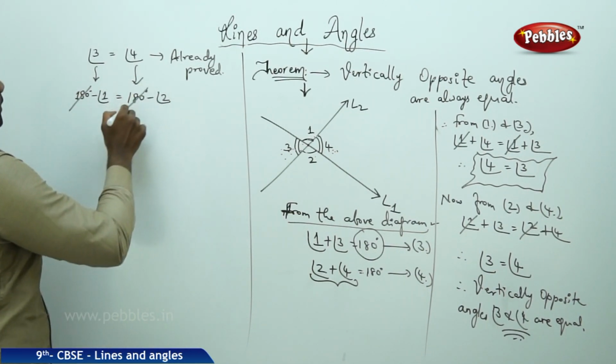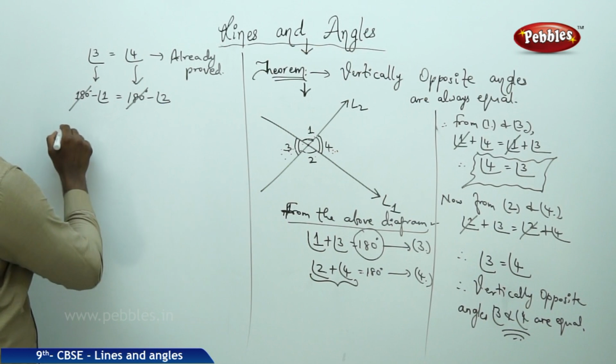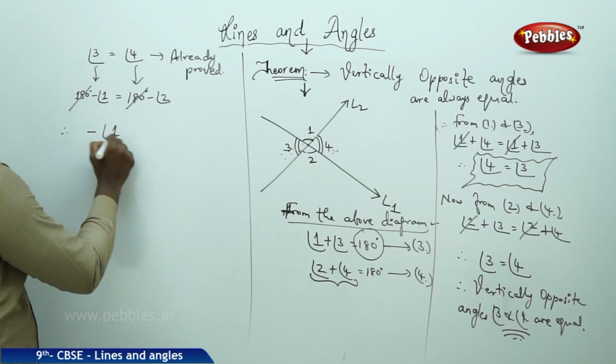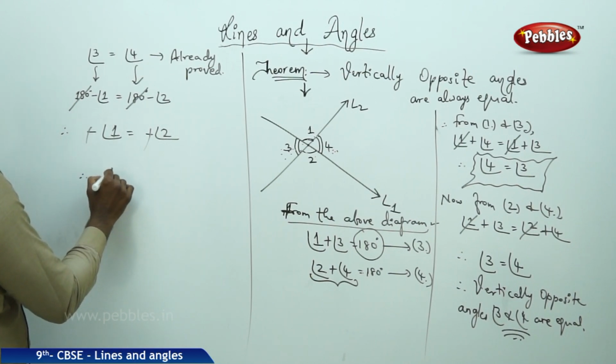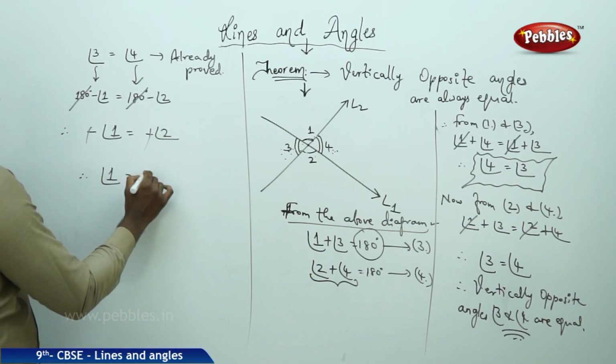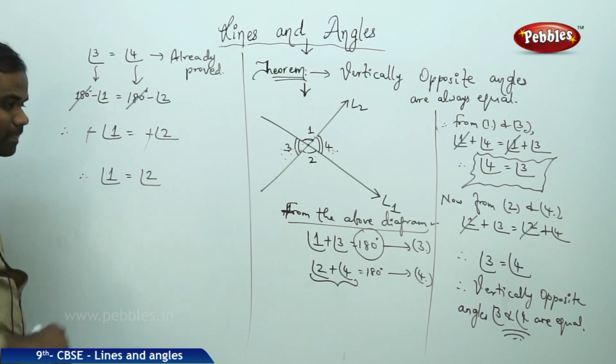The two 180 degrees being equal can be cancelled, and therefore minus angle 1 equals minus angle 2, and finally I get angle 1 equals angle 2.